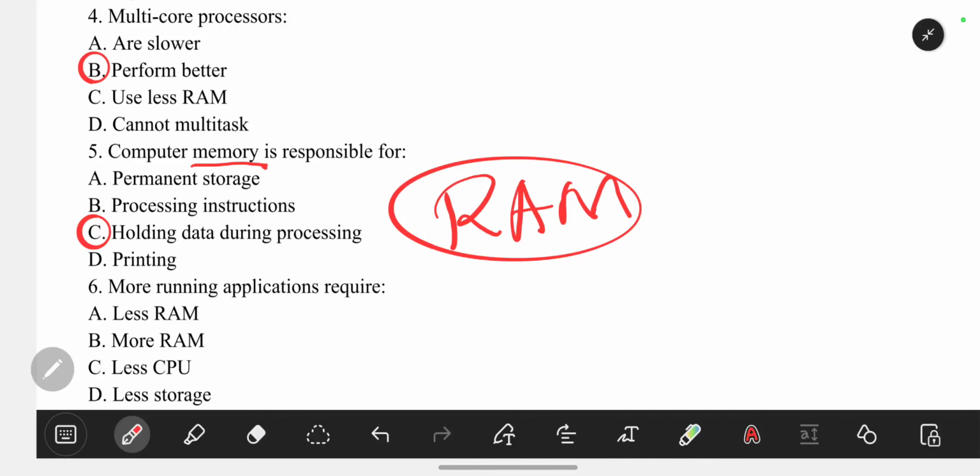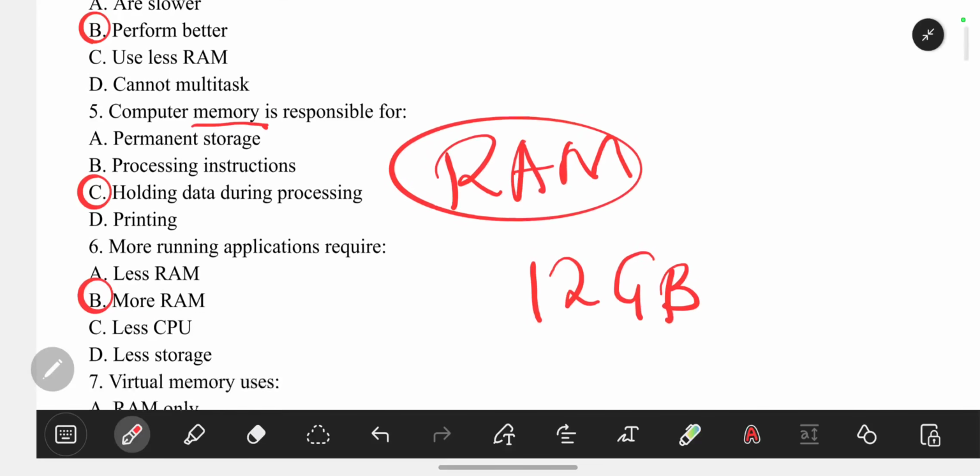Therefore, if there are more running applications, these require more RAM. For example, the device that I'm currently using has 12 GB of RAM. That's how come there are a lot of things running, but the device is not slowing down. So more running applications require more RAM.